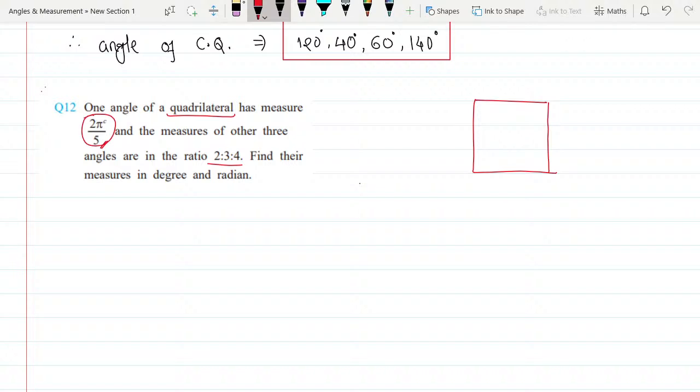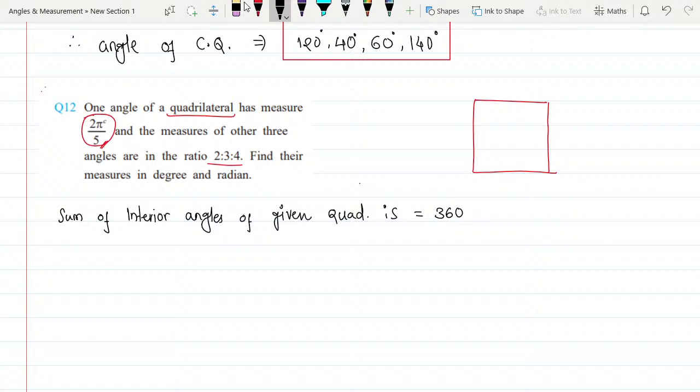So let me write: the sum of interior angles of any given quadrilateral is always equal to 360 degree. With this I can solve this question very easily.